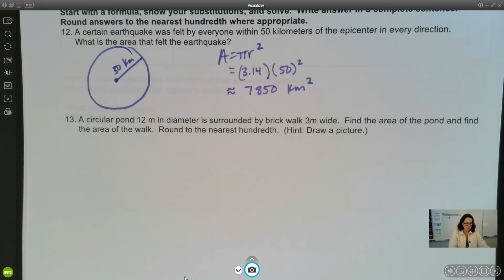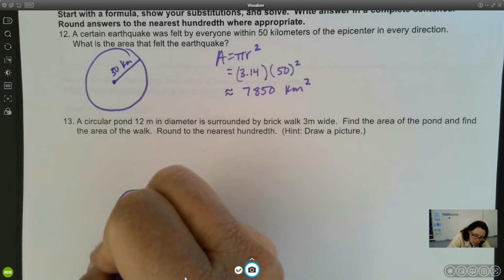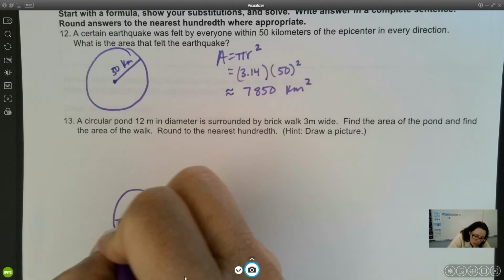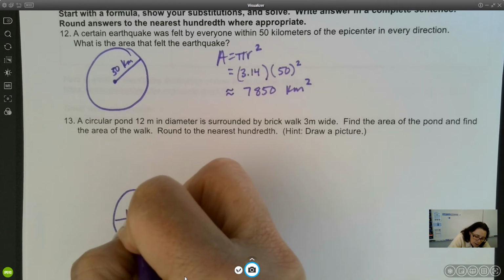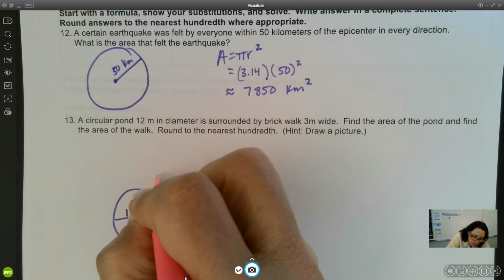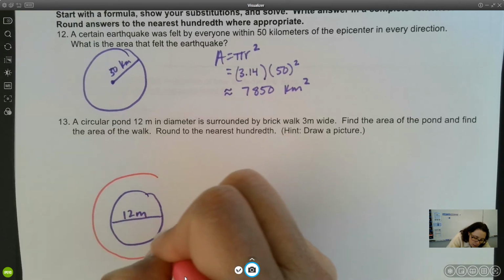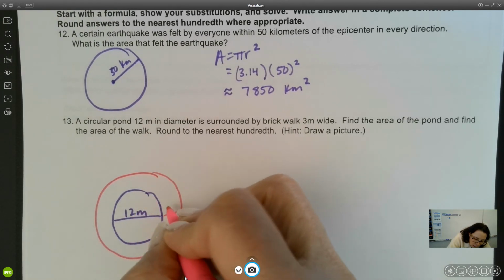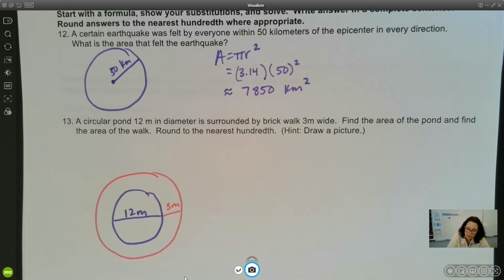A circular pond, 12 meters in diameter, is surrounded by a brick walk 3 meters wide. Find the area of the pond and find the area of the walk. Round to the nearest hundredth.